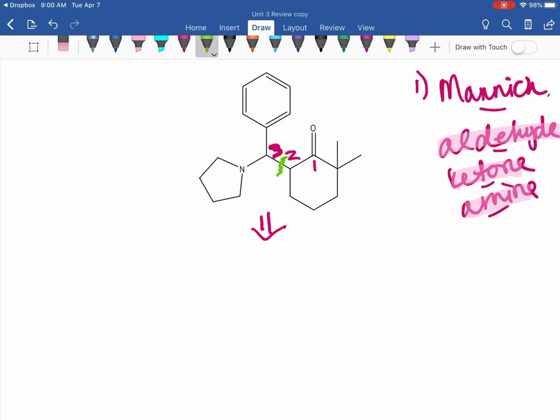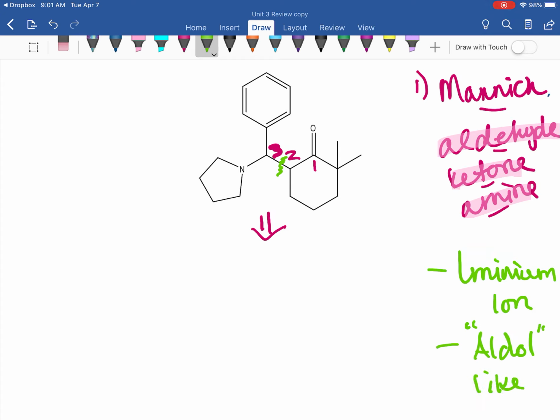And then part of the Mannich, why it's so much fun, is that the Mannich is 2 reactions for the price of 1. Remember, the first step of a Mannich, you form an iminium ion. The second step of your Mannich, you do that aldol-like, let's put 1980s air quotes on there, reaction.